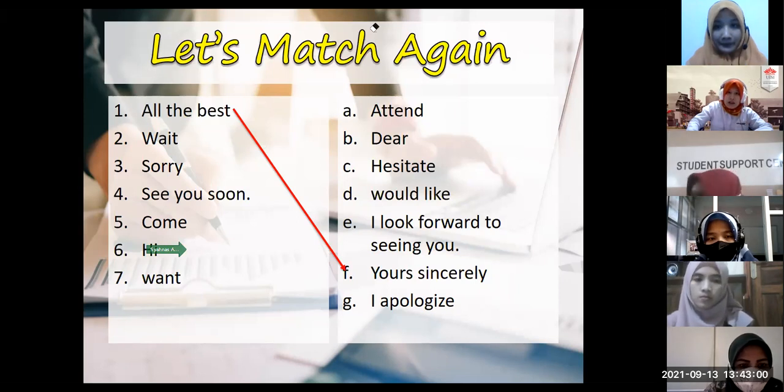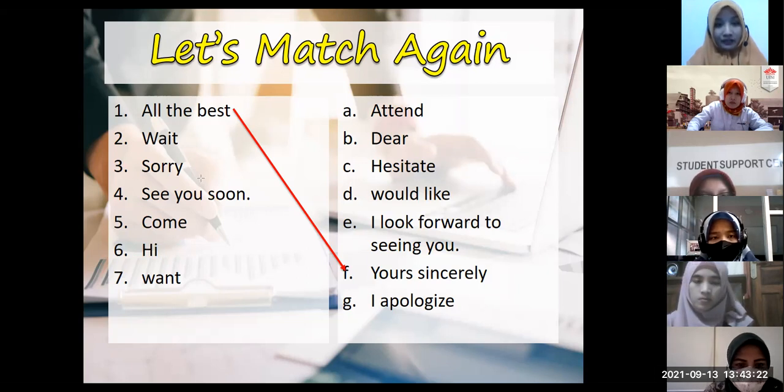Wait. One. Which one? Can you try to use that? The arrow. The arrow here, or if you use your cell phone, you can use the pen there.